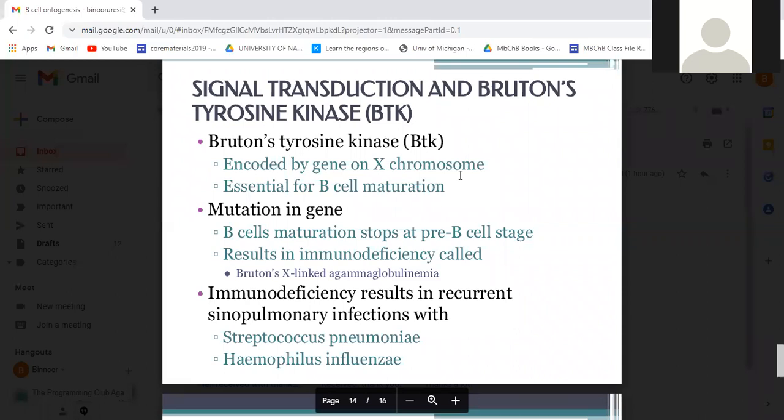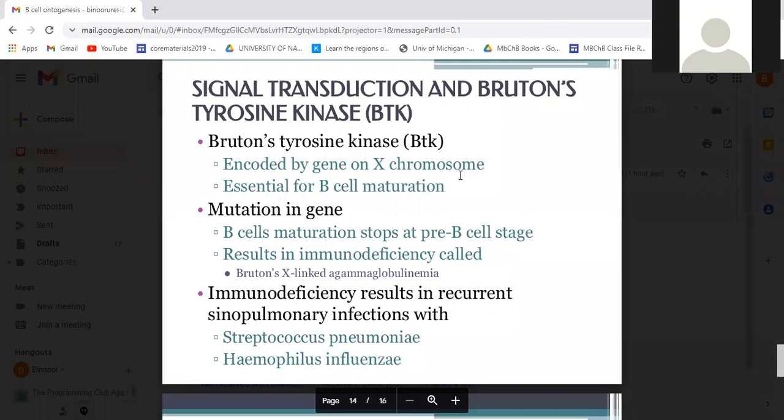So in the event that this enzyme, the Bruton's tyrosine kinase enzyme, is not properly expressed or functional, then you can imagine the process of B cell development is hampered or compromised.